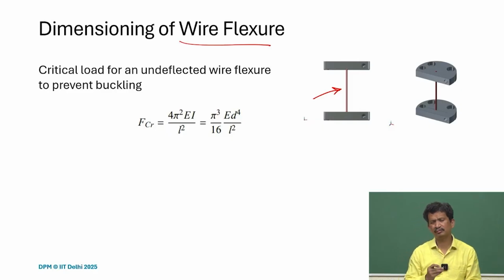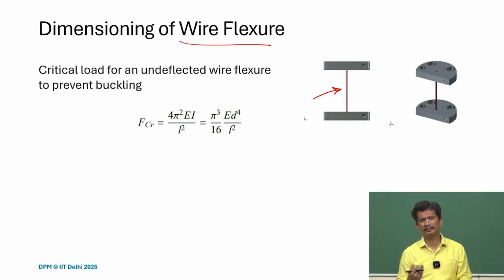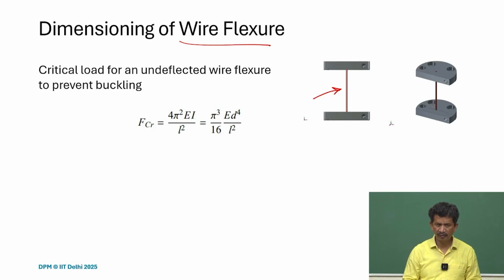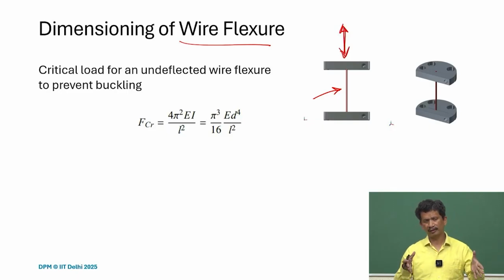So we may start working with that, but what happens if it doesn't work? So we have to check, we have to do some calculation. Some numbers we assume based on what is available, and some we calculate. So what is the basis? If you are going for this wire flexure, and if we look at the setup, the only force coming on this one is either in tension or compression in the longitudinal direction.